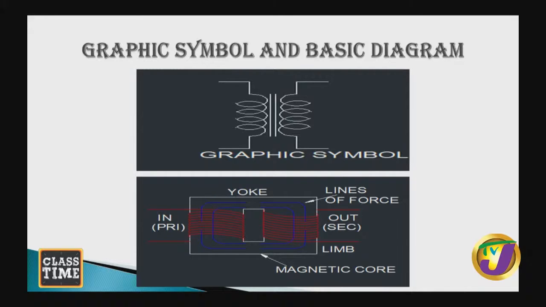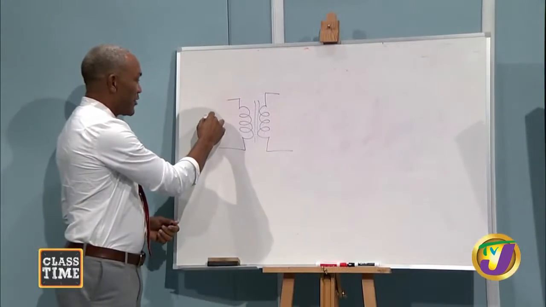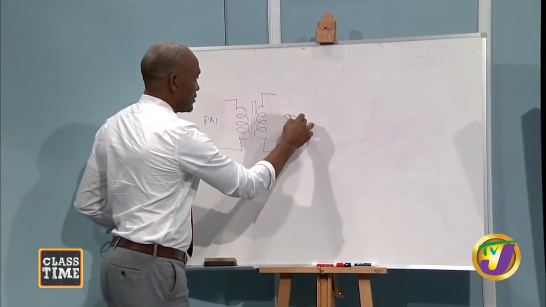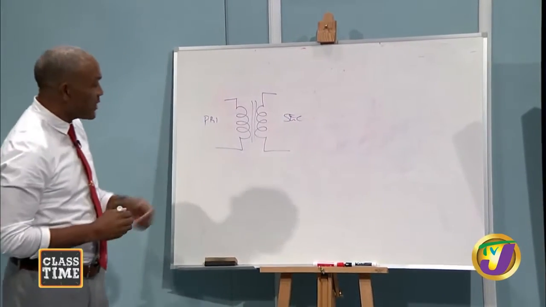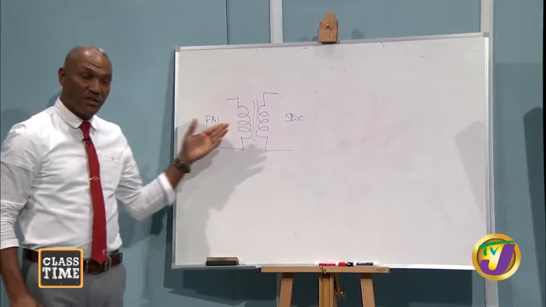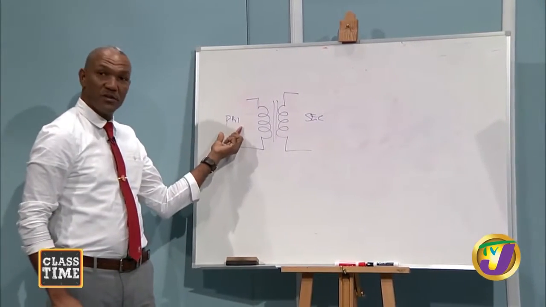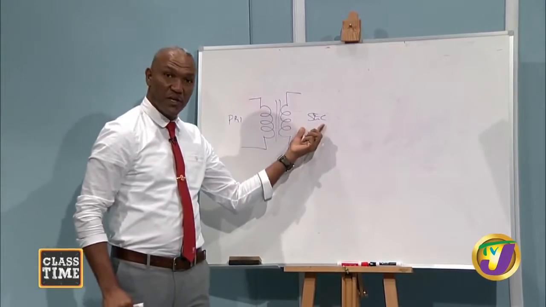For your transformer, you would label it to say primary and you label it to say secondary. When you're drawing this symbol, it is drawn horizontally and you label your primary to your left and your secondary to your right.